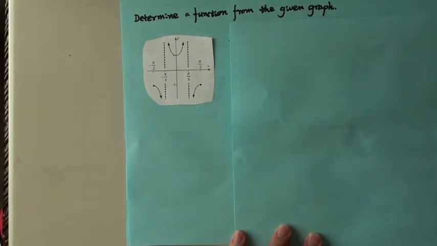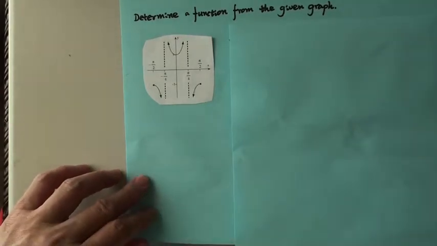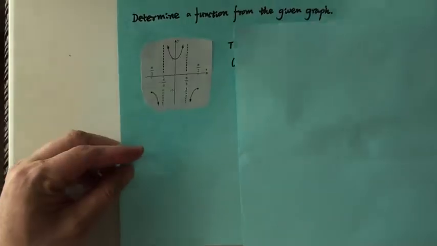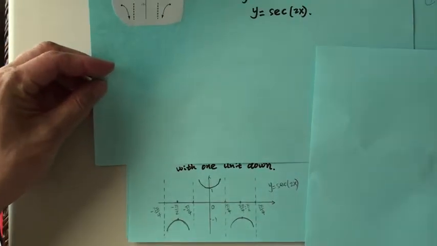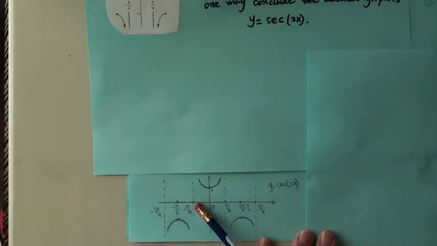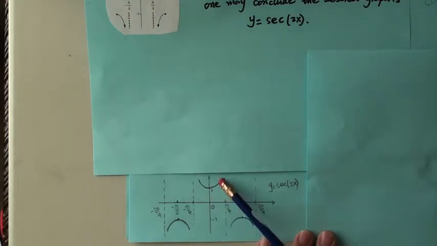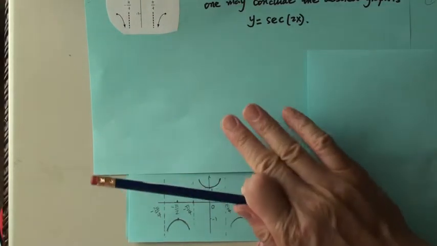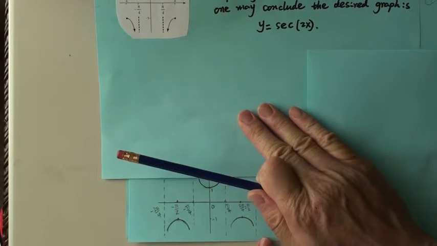Now, let's look at the things we did before. Previously, we saw the picture for y equals secant 2x. Down here, from negative pi over 4 to positive pi over 4, you have this part, which is similar to the one we did here.